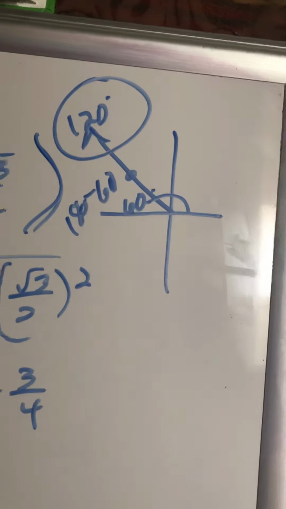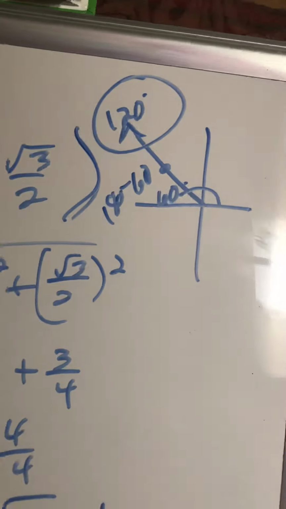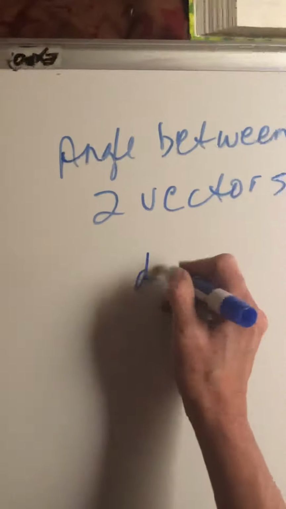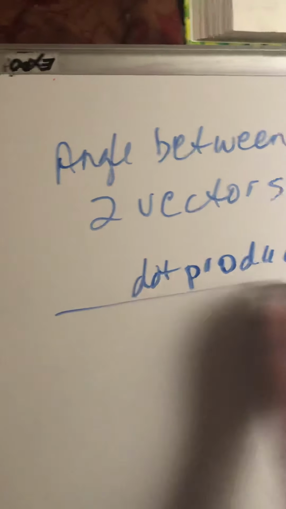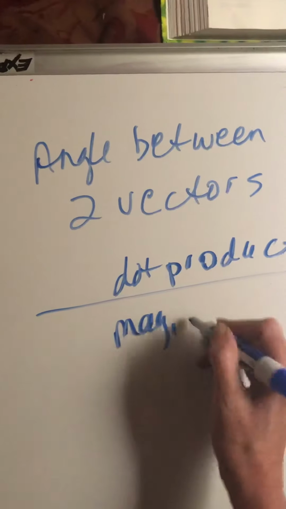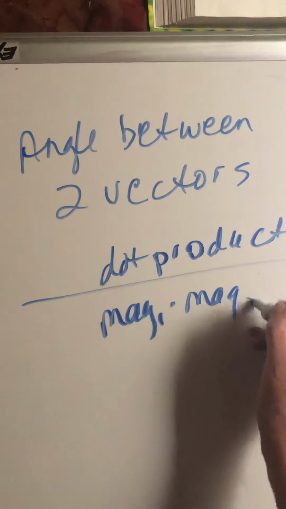And then let's see. Okay, now we want to find the angle between two vectors. And it's just a formula. Angle between two vectors. This is where you do the dot product over magnitude of the first one times the magnitude of the second one.